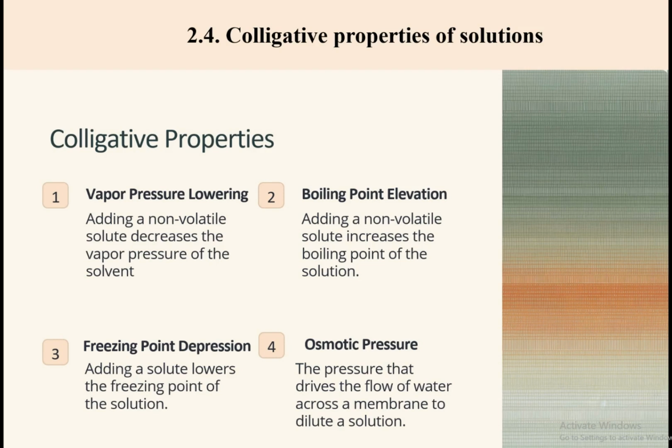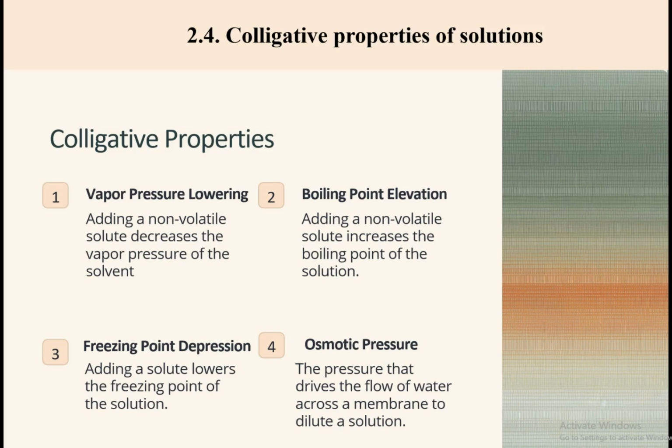And the other is the freezing point depression. Still, the addition of solute lowers the freezing point. The freezing point of water, for example, is 0 degrees centigrade at STP. So upon the addition of solids, the freezing point becomes depressed. It can be -1 or 0, it can be -0.5, or it can be -3 degrees centigrade.